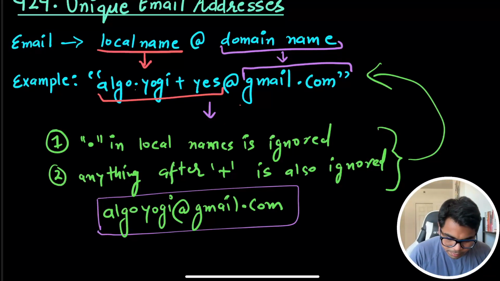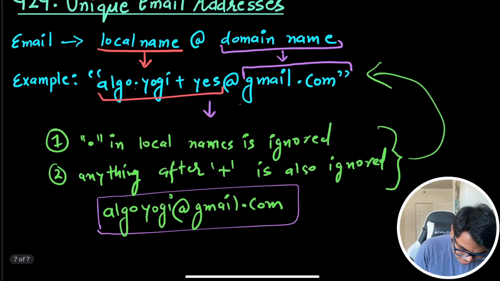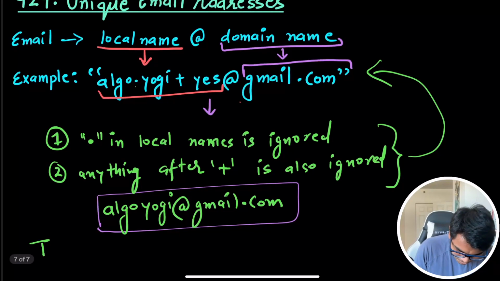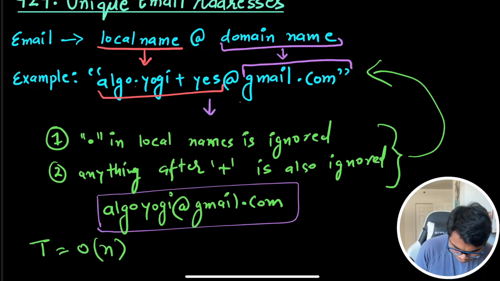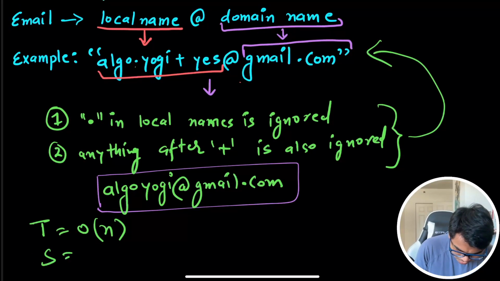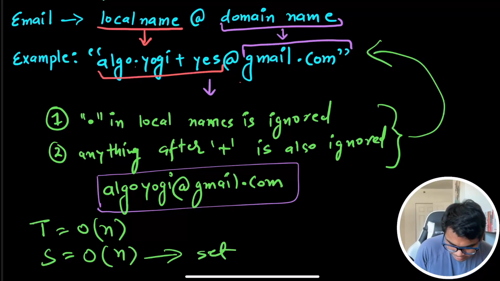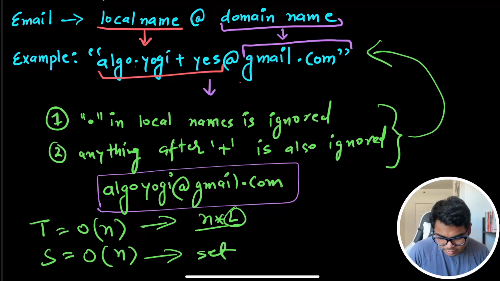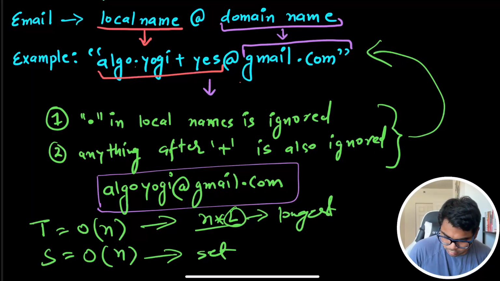So that's what we will be doing, and the time complexity is going to be big O of n, and space complexity is also going to be big O of n because of the set. Here you can also say that this could be n times L, where L is the length of the longest email.